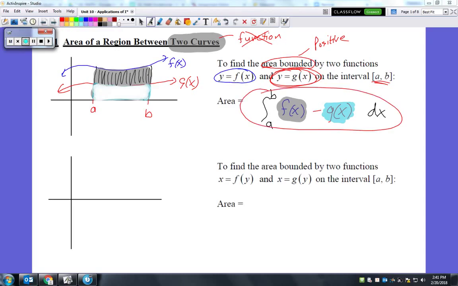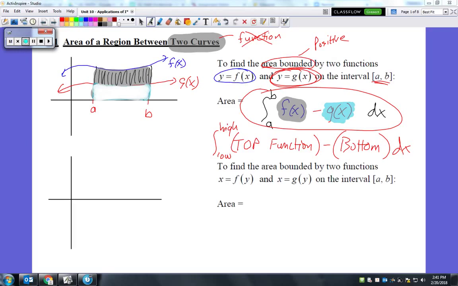You with me? Okay, now, an easier way to look at this would be from low to high. Low x to high x, and it's going to be the top function minus the bottom function. Okay, we'll talk about that here in just a bit. And this is dx.